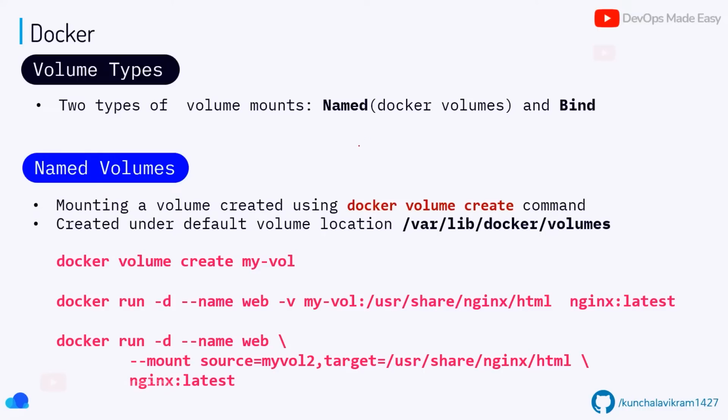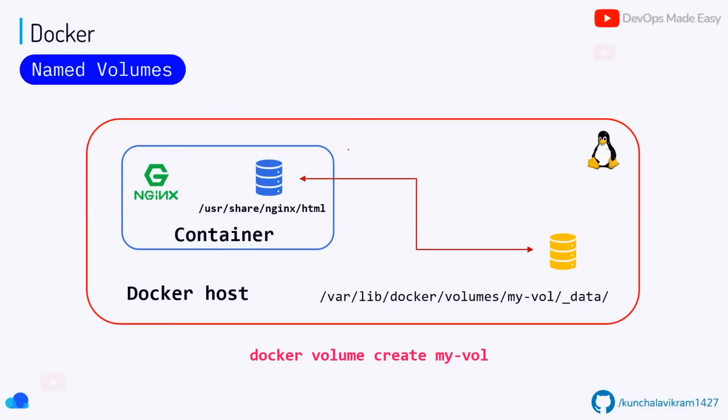Now let me show a simple example. If I take an nginx container, just forget about named volumes or bind volumes for now. Inside the container I have this location, /usr/share/nginx/html. Inside this folder there is a file called index.html.